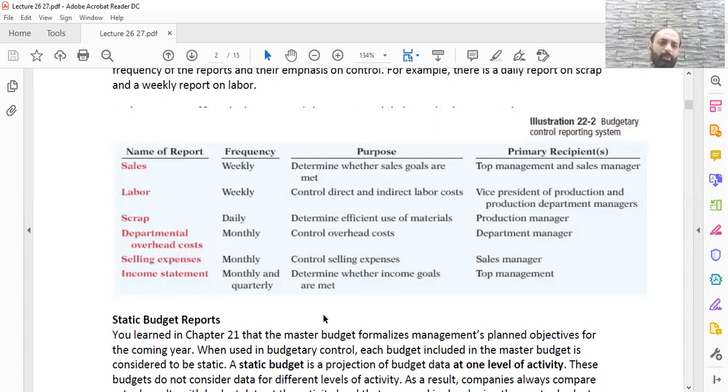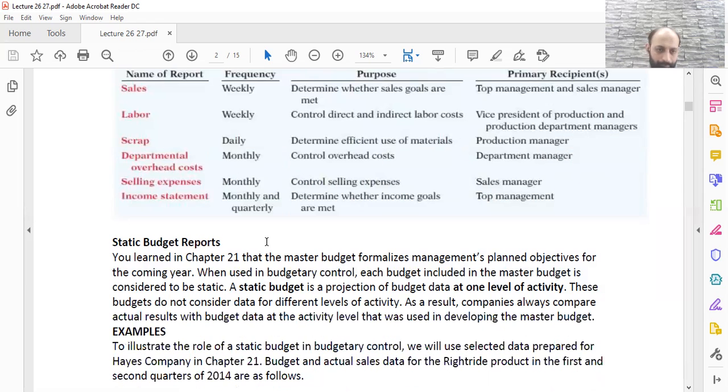So another advantage of budget reports is that it tells you where you want to put in more money and where you should stop putting in money. That is a very important use of budget reports.